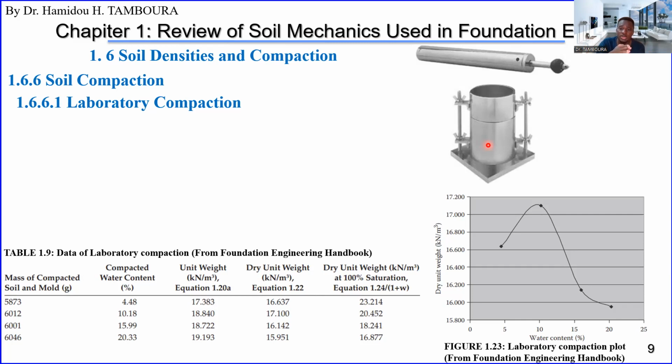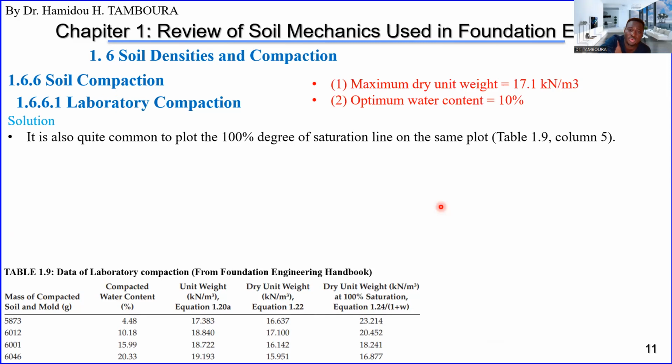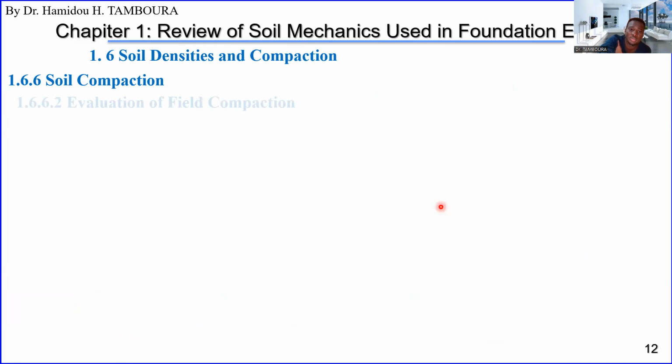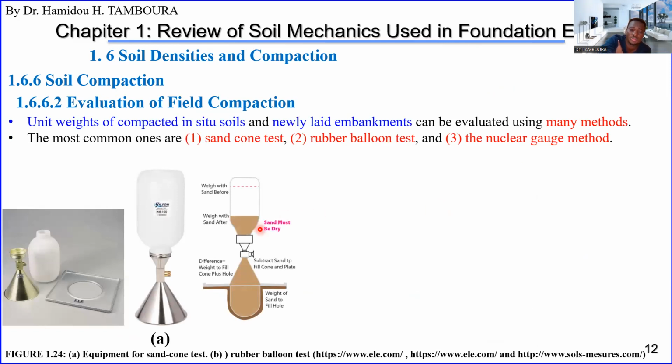This mass of the sand divided by the volume of the mold will give you the unit weight. In that case, you have the dry unit weight of the sand, the calibration for this sand.